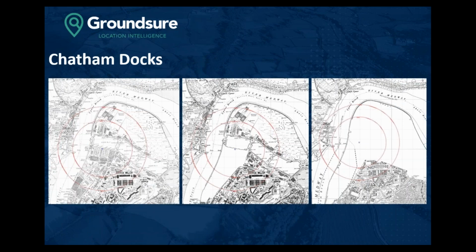So these are maps from the Chatham Docks down in Kent. The image that you see on the left is from 1933 with a great level of detail, buildings, names being identified. In the middle, you're looking at a map from 1938, and stuff slowly starts to disappear, and the level of detail becomes far less apparent.